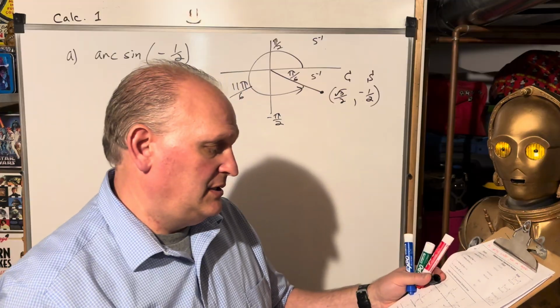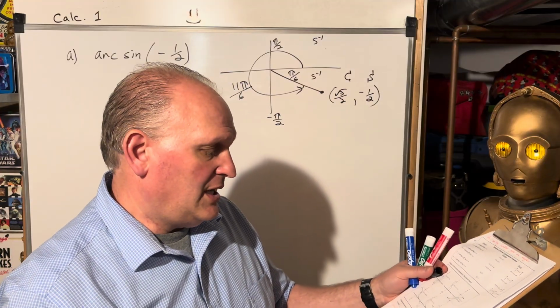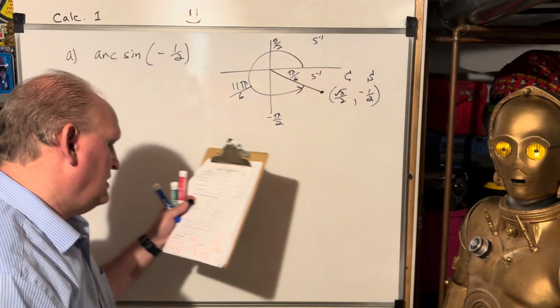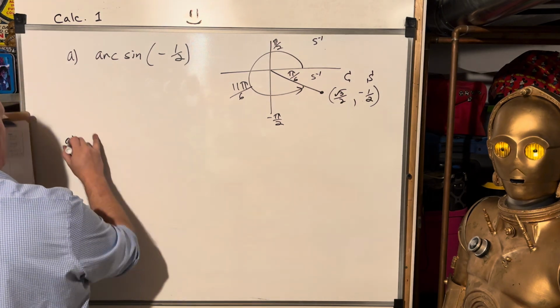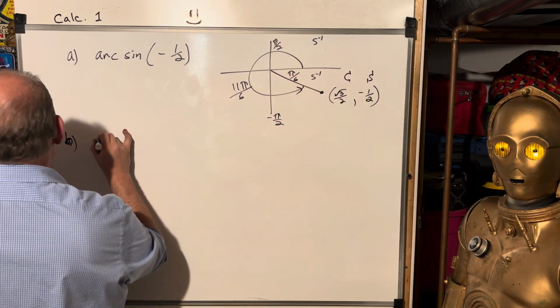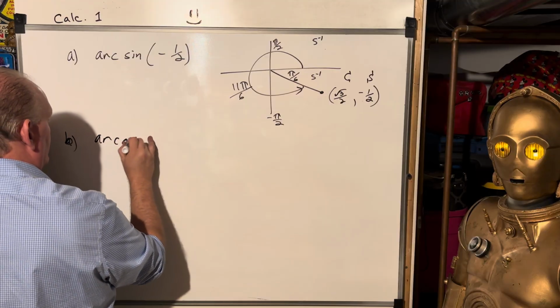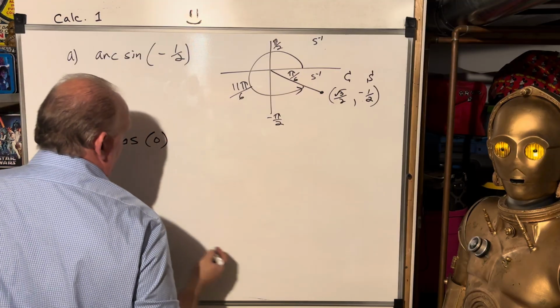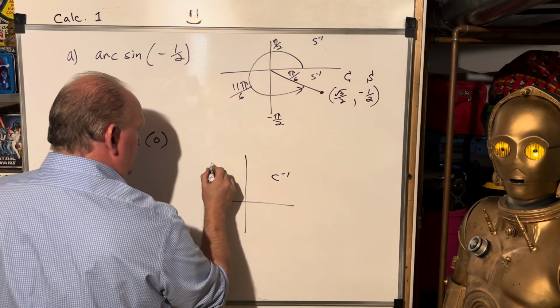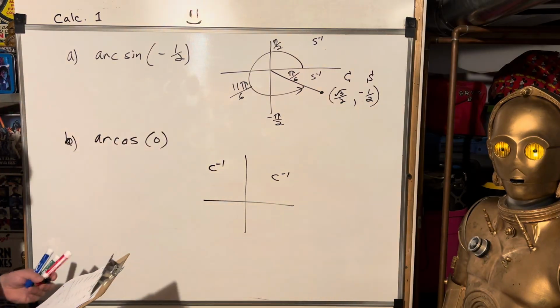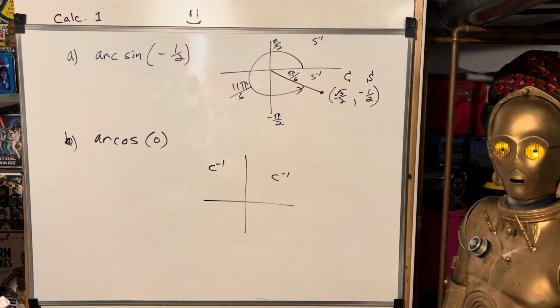All right. And now they want the arc cosine of 0. The arc cosine of 0. Okay, so again, our cosine, we're only living in the first and the second quadrant.